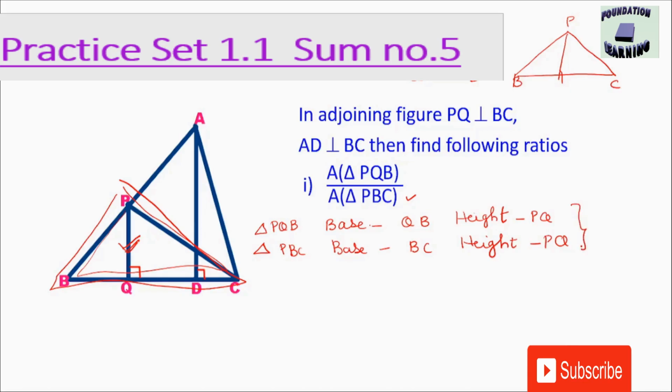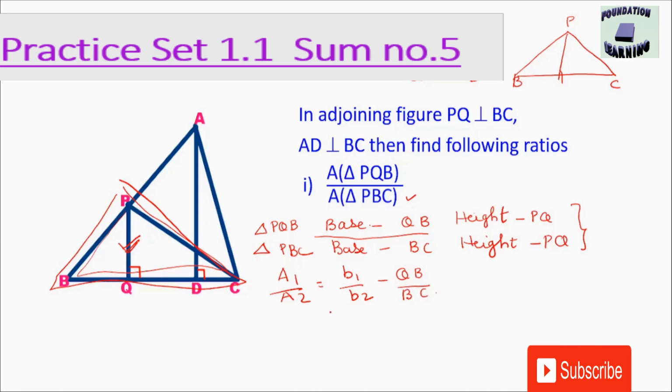The heights are similar. So when the heights are similar, which formula will you take? We'll take the formula A1 upon A2 is equal to B1 upon B2. So what is B1? B1 is the base of the first triangle, which is QB. And what is B2? B2 is the base of the second triangle, that is of triangle PBC, which is BC.